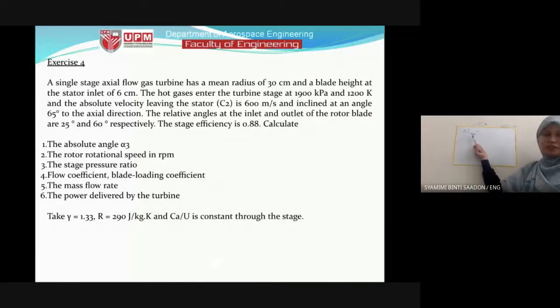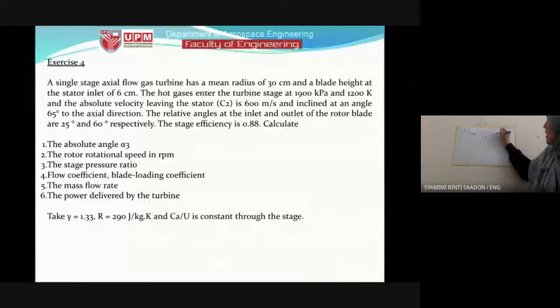So we use the difference of the stage temperature, which is U CA over CP, the specific heat, times tangent alpha 2 plus tangent beta 2.